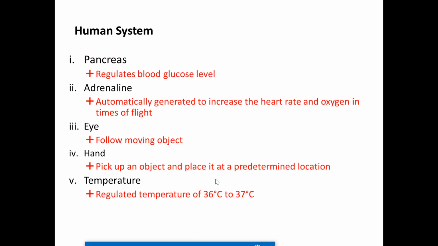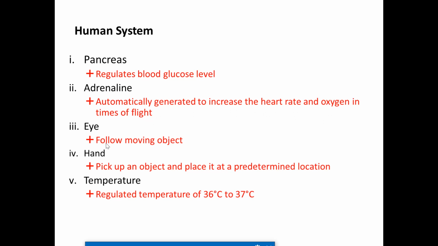Then we have various control systems in the human system or human anatomy. This is just for your understanding purpose, not there in the syllabus. Now we are going to take the pancreas, which is regulating blood glucose level. That is a control system. Adrenal glands automatically generate adrenaline to increase the heart rate and oxygen in time of flight.